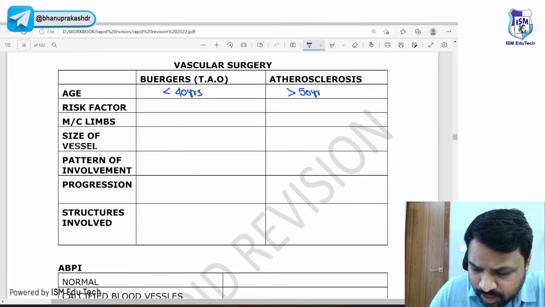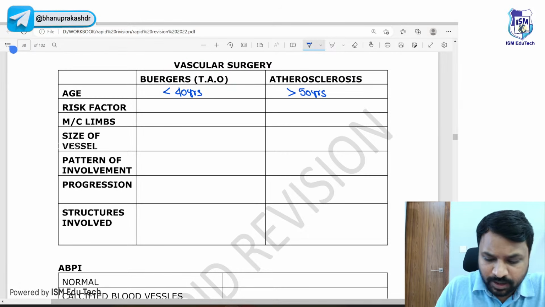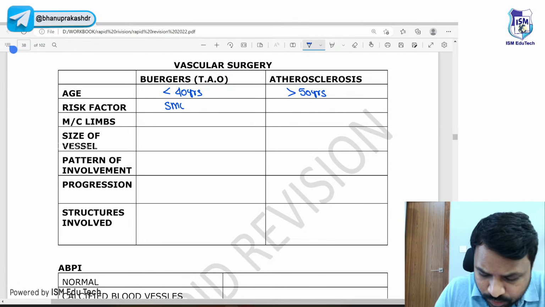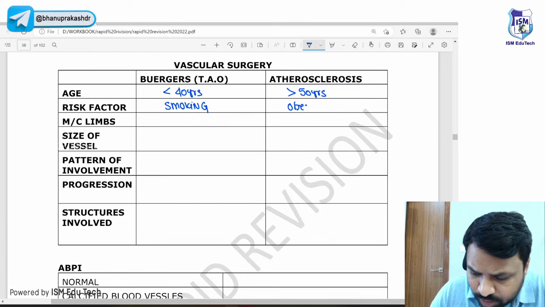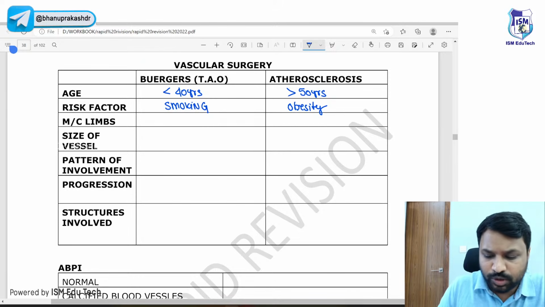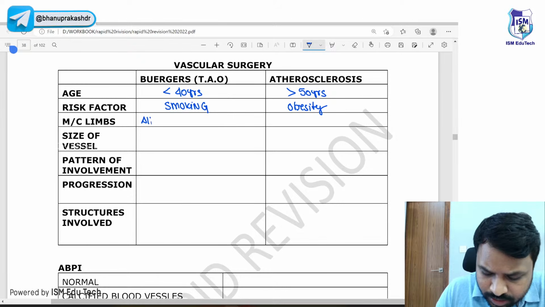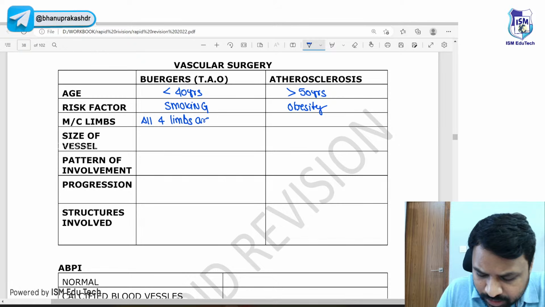Atherosclerosis is over 50 years, right? The most important risk factor is going to be smoking, whereas in atherosclerosis, it is going to be obesity. The most common limb, remember, in Buerger's, all four limbs are equally involved.